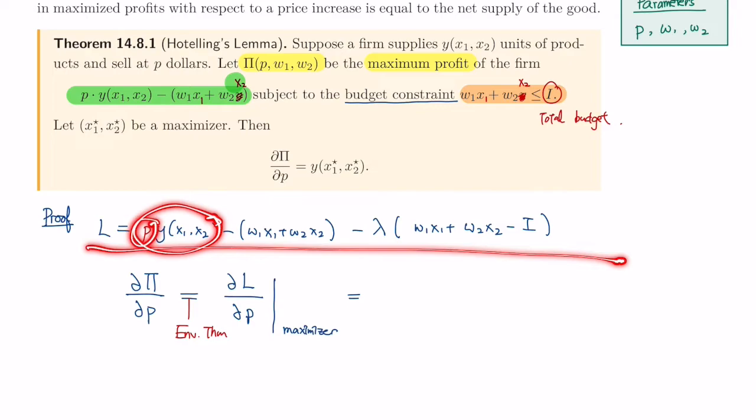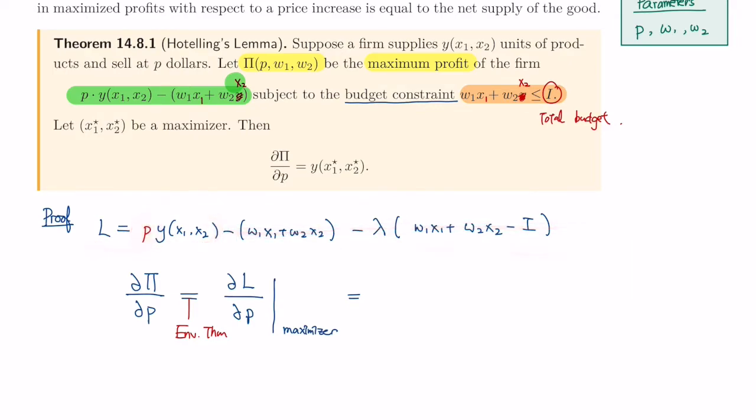When I differentiate with respect to P, everything else dies, and P becomes 1. So I get just y at x1, x2. The maximizer is assumed to be x1 star, x2 star. So of course, this is y of x1 star, x2 star.